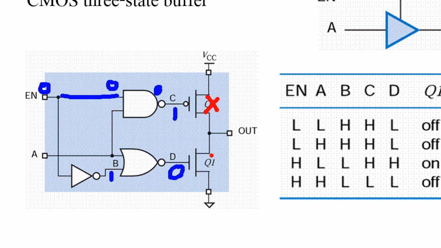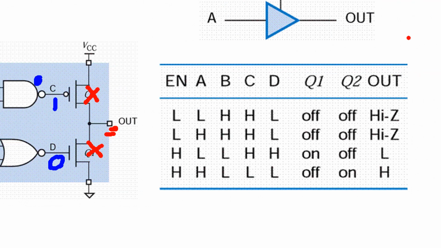This one is 0 but active high, so it's turned off. So this output is now not connected to VCC, not connected to ground. So it becomes open circuit or high impedance. High impedance means high resistance, similar in meaning to open circuit, which has very high resistance or high impedance.